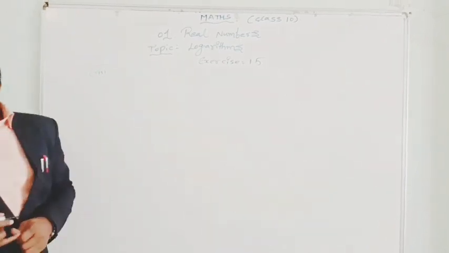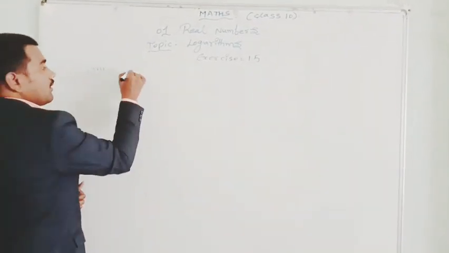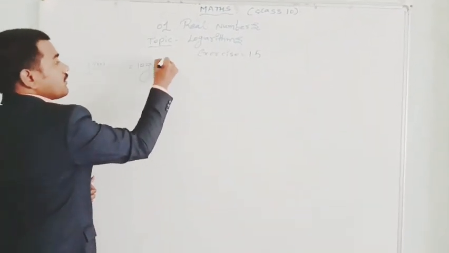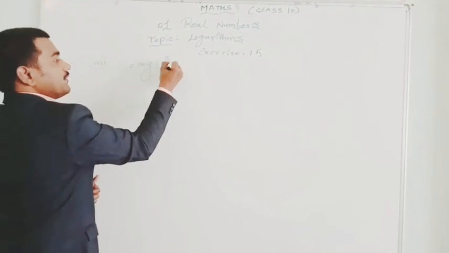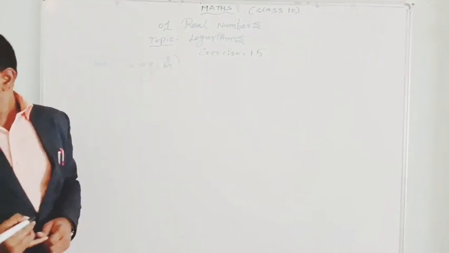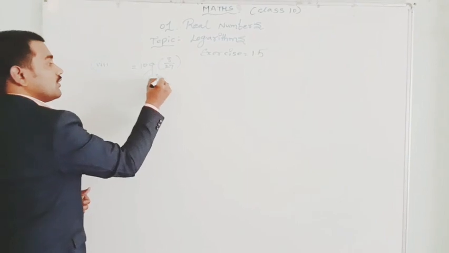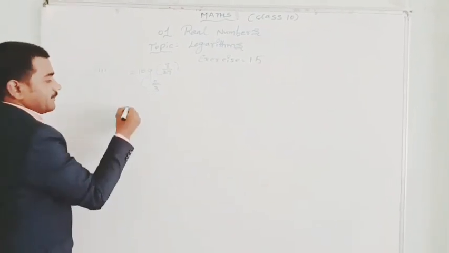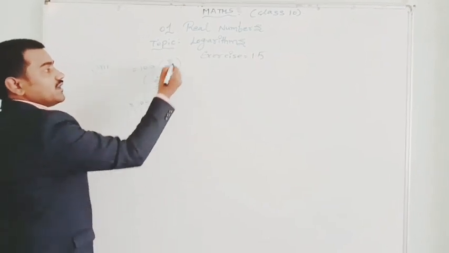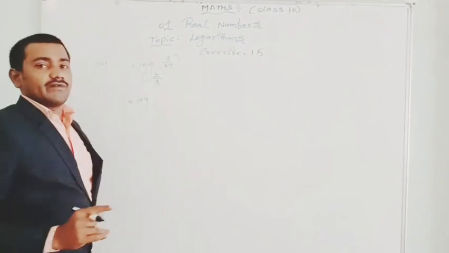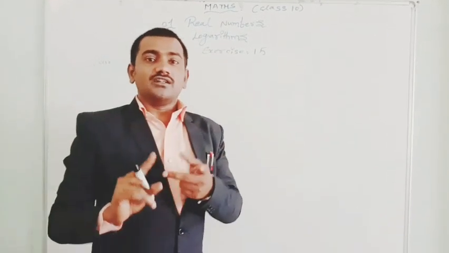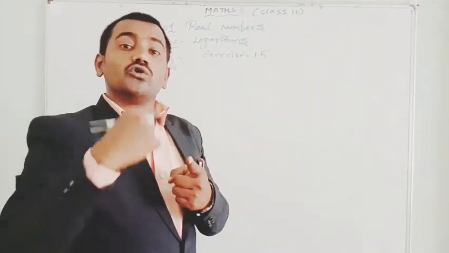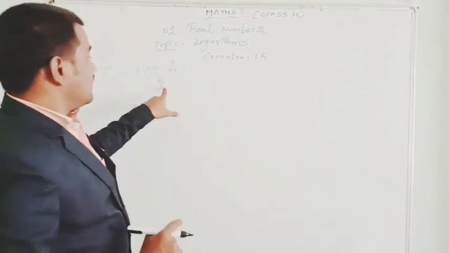8th problem in that. Log 8 by 27 base 2 by 3. Do not get confused, it is simple again. So here we have log of 8 and here 27. If you observe, 8 is 2 cube and 27 is 3 cube.